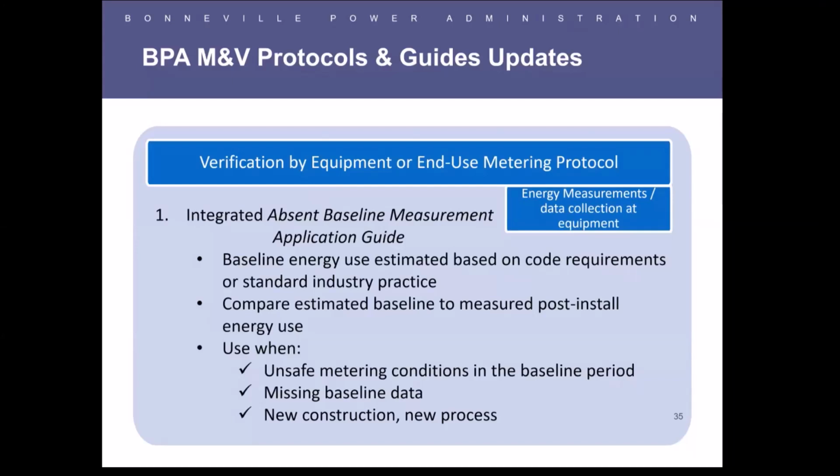In this case, rather than having energy measurements, baseline energy use is estimated based on what the minimum code requirements or standard energy practice alternative installation would have been. So that is the major change.